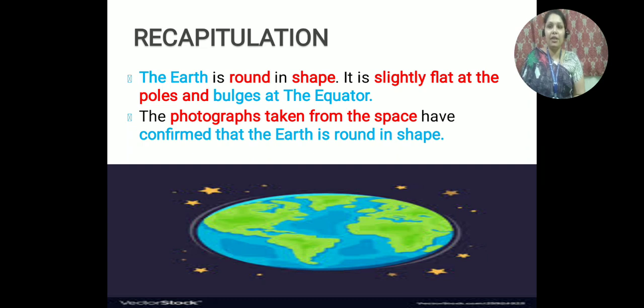The photographs taken from space have confirmed that the earth is round in shape, as you can see in this slide.